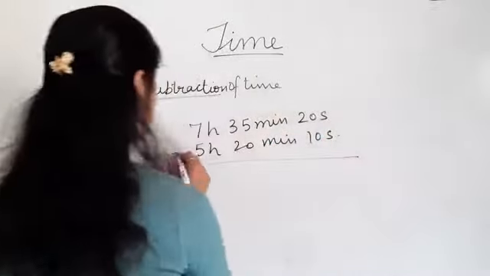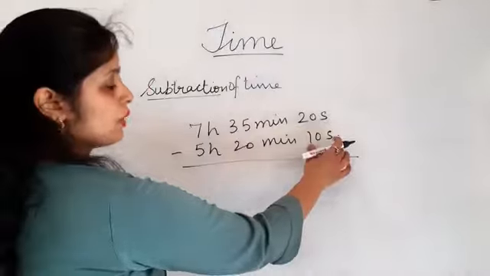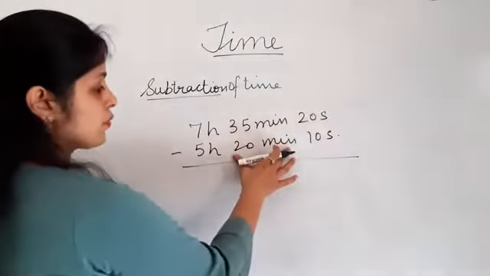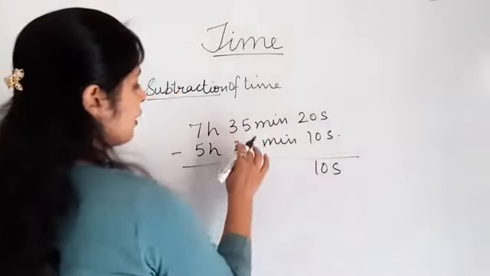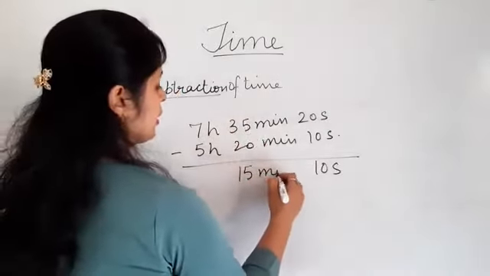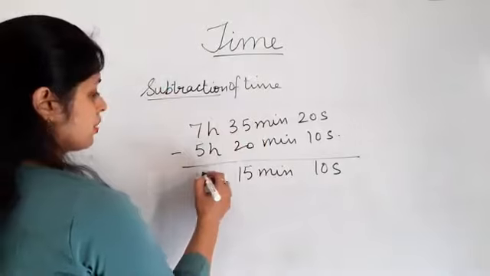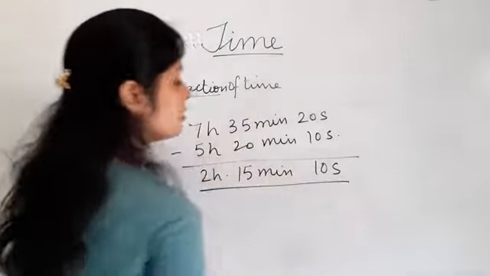Simple. During subtraction also, seconds will be subtracted from seconds, minutes from minutes, and hours from hours. 20 minus 10 is 10 seconds, 35 minus 20 is 15 minutes, 7 minus 5 is 2 hours. So this is our answer.